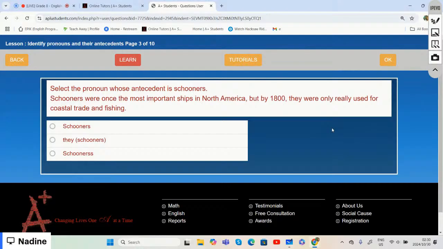We need to choose the correct option. And if we were to choose the correct pronoun, we would say it's option 2.